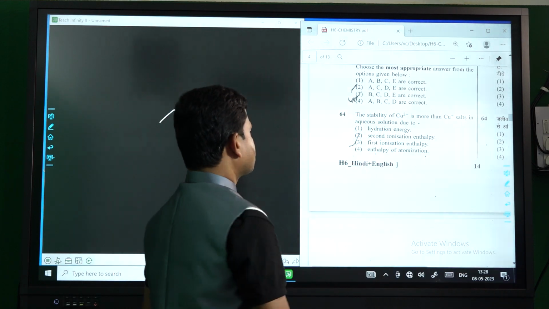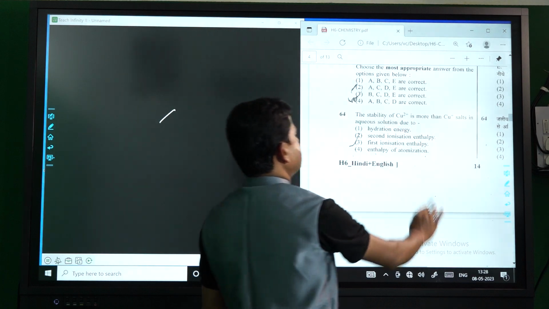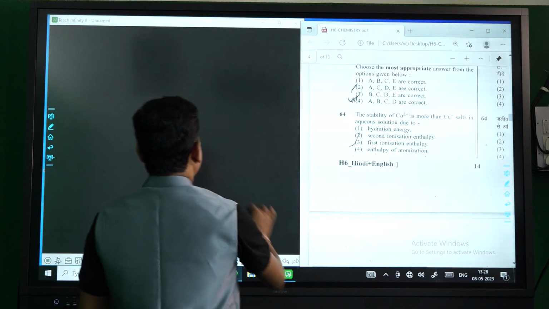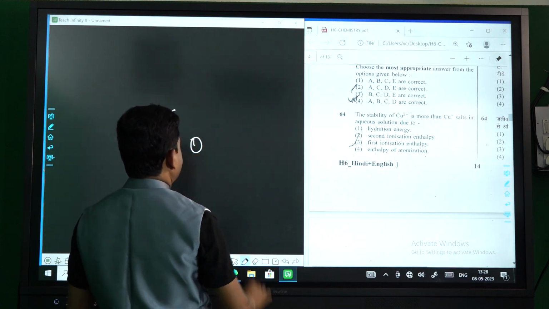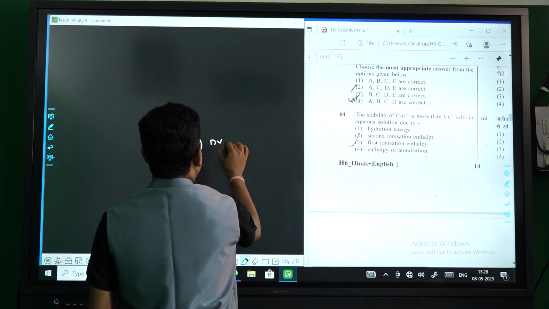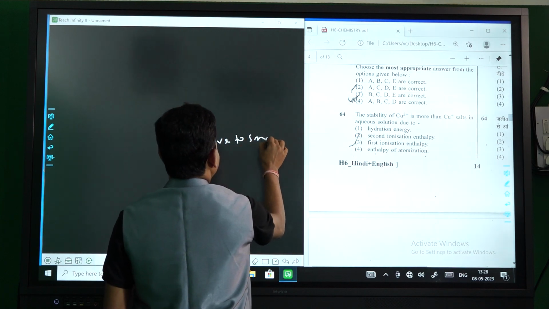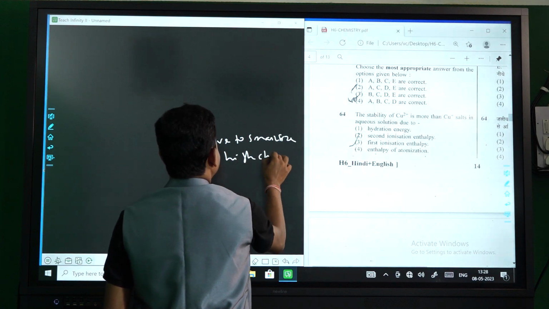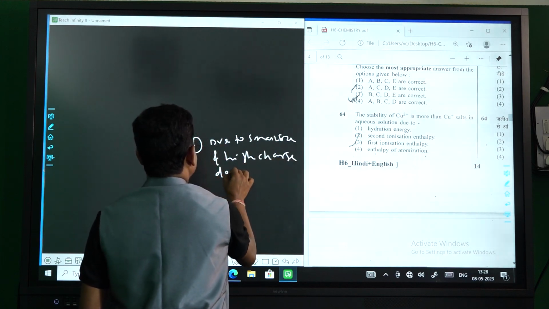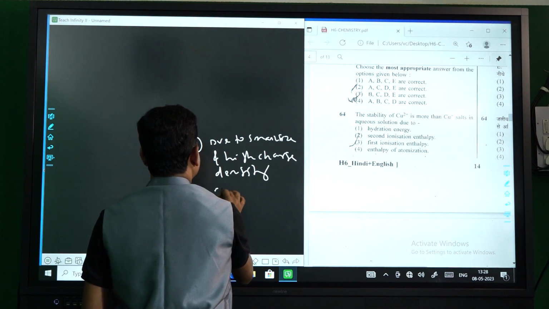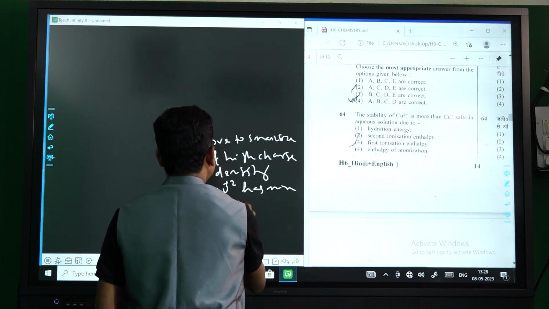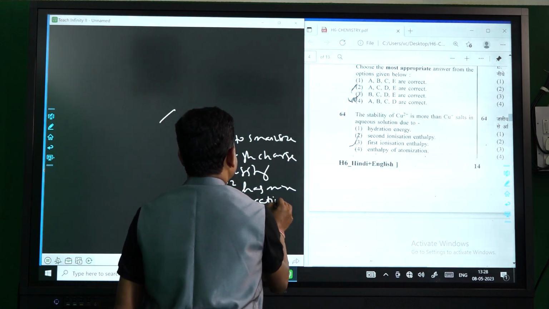Now come to question number 64, which comes from both electrochemistry and the d-block. The stability of the copper 2 plus ion is more than copper plus in aqueous solution due to various factors. Factor number 1, due to small size and high charge density, copper 2 plus has more hydration energy or solvation energy than copper plus.